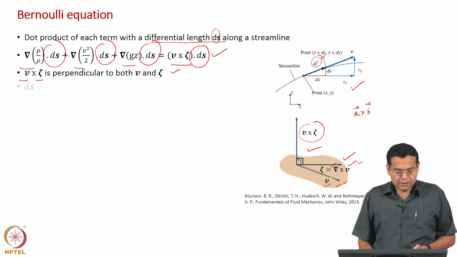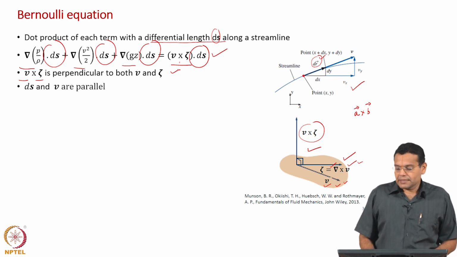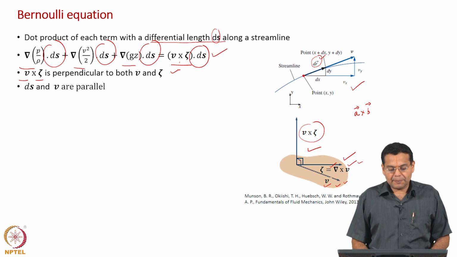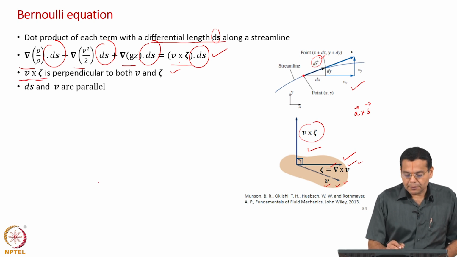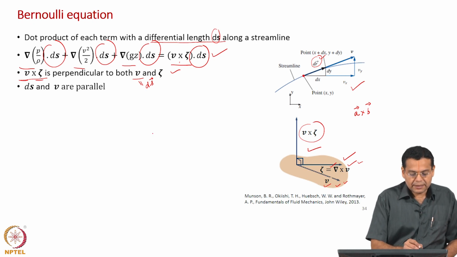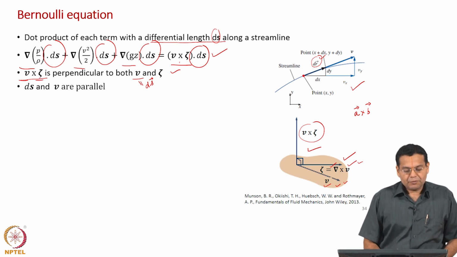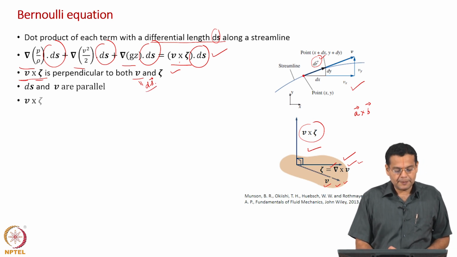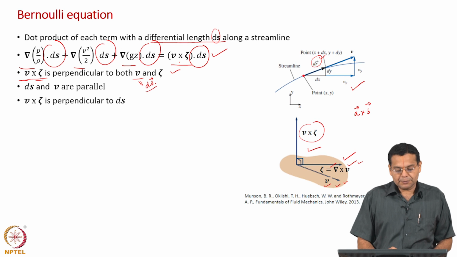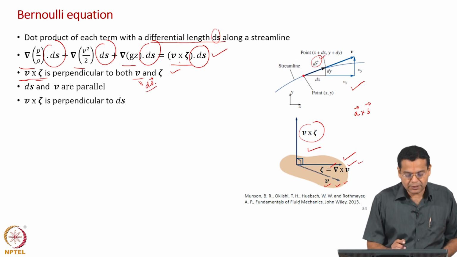Now, we have seen that the ds vector and the V vector are parallel. So, what does it mean? This V cross vorticity is perpendicular to the V vector, but this V vector is parallel to the ds vector, which means that V cross vorticity is perpendicular to the ds vector, and that is what we write here. Let me just repeat once.